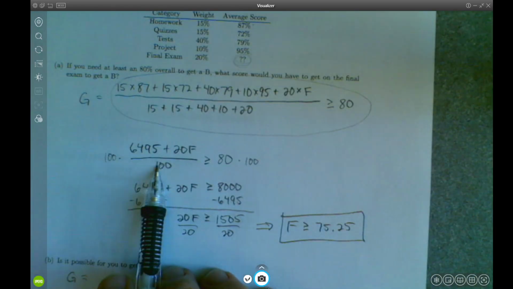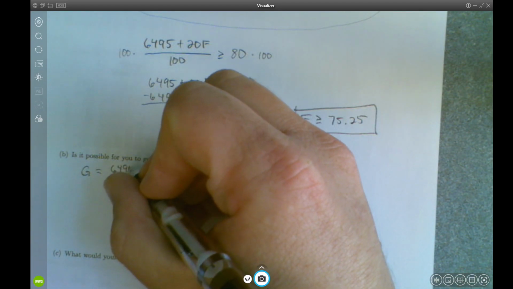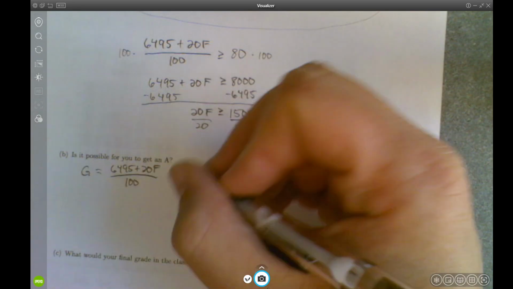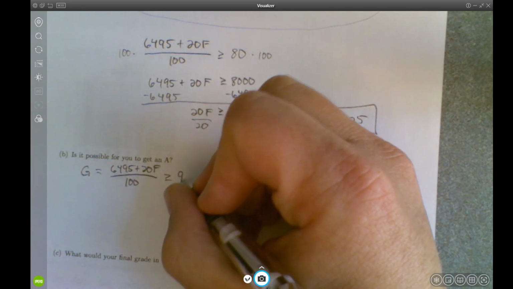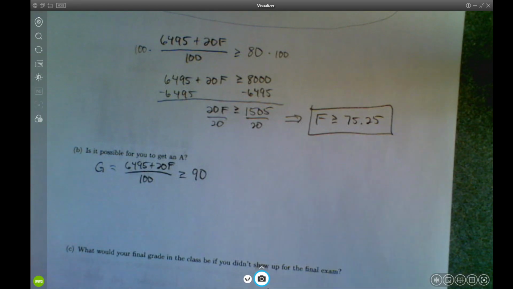I'm just going to write down the simplified version. We need our grade, which is 6495 plus 20f over 100. We would need that to be bigger than or equal to 90.